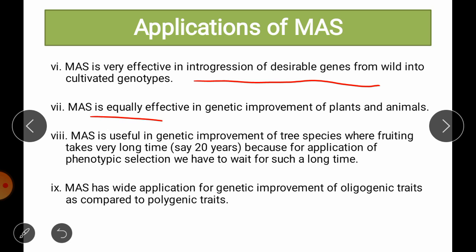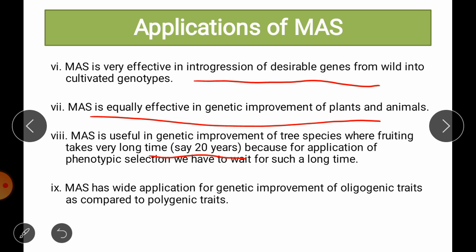It is equally effective in genetic improvement of plants and animals. It is a very useful method because it saves our time. Normally, in case of tree crops, it requires about 20 years to develop a new variety. But by using MAS, we can develop these varieties in fruit crops earlier.